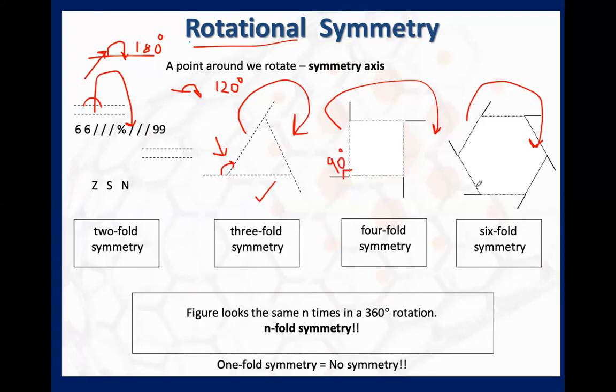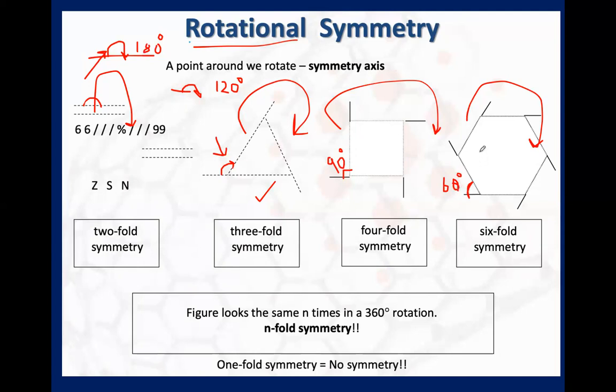And this one, if you rotate this in this angle, what is this angle? This is a hexagon. Should be 60 degree, right? So when you rotate it in a 60 degree angle, what would happen?